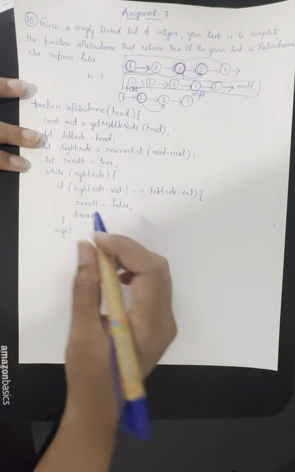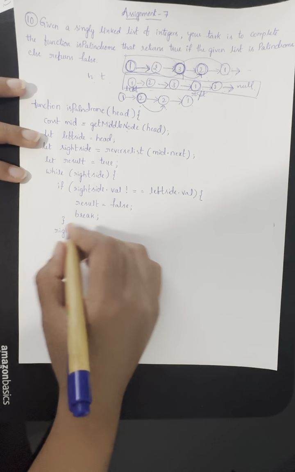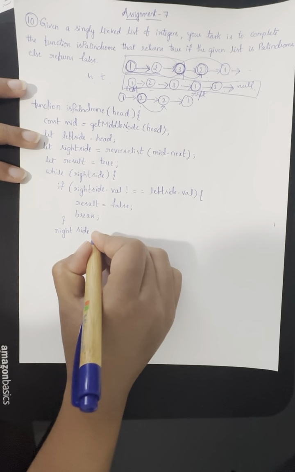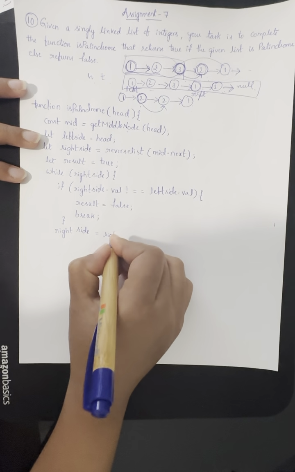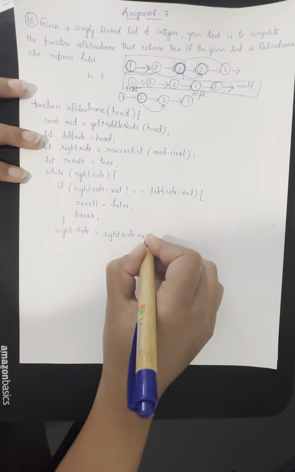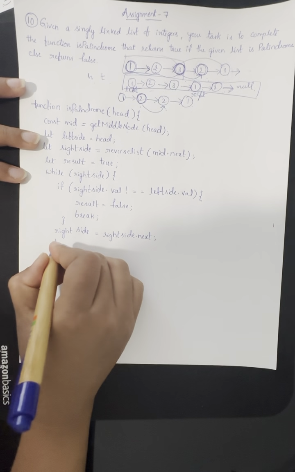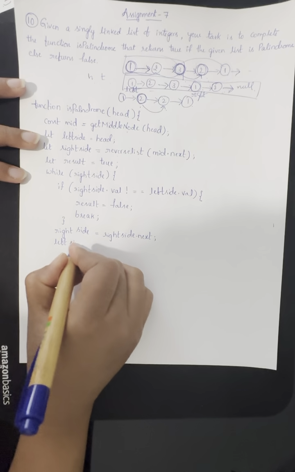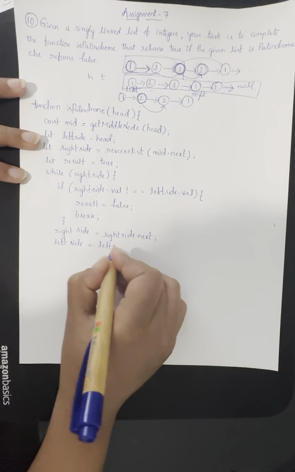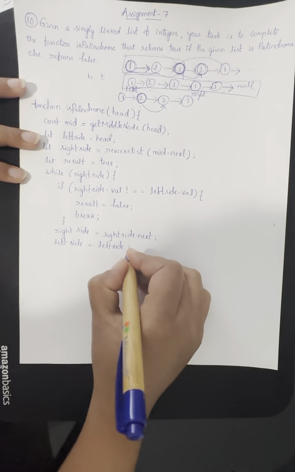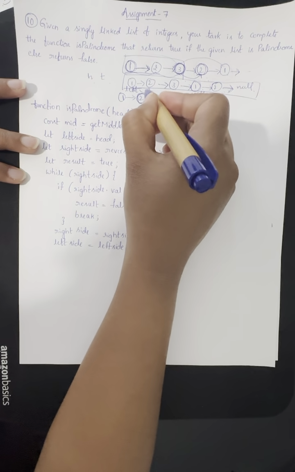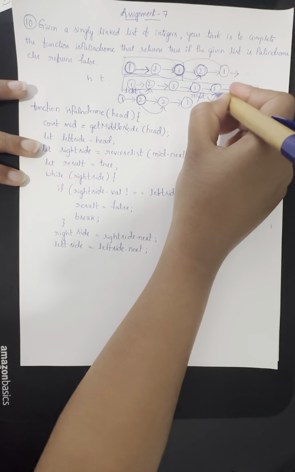Then if it is equal, we need to make right side equals to right side dot next, and left side equals to left side dot next. So the left goes to the next node and the right goes to the next node.